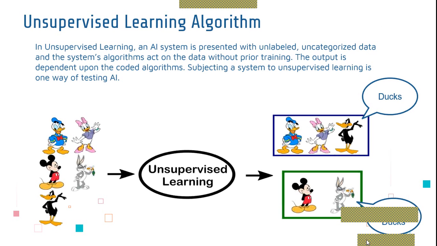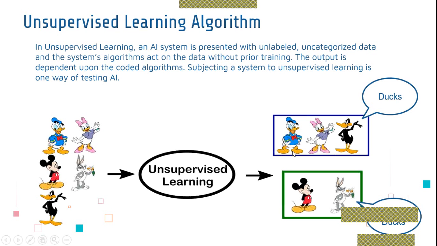For example, in the upper side you can see a duck, so you name it a duck, and the second group is called not a duck. Let us consider the first group is a boy, so the second group is not a boy. Or the first group is a heighted person, and the second one, I don't know who that group is, but I name it not heighted person. So you can label your data after the implementation of this algorithm. That is called unsupervised learning.